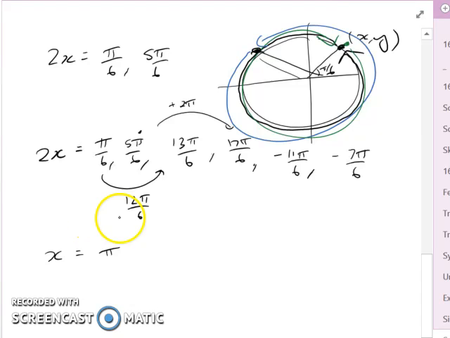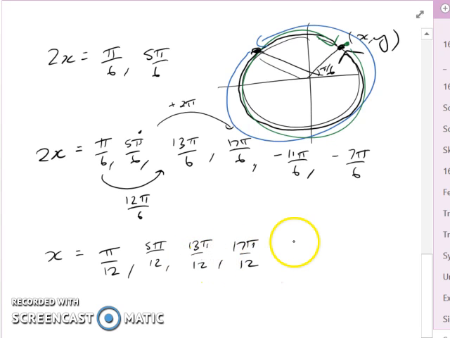Okay, so just going through, you would just divide everything by 2. You would get pi on 12, 5 pi on 12, 13 pi on 12, 17 pi on 12, negative 11 pi on 12, negative 7 pi on 12. And then from that, can you see that there might be more solutions?